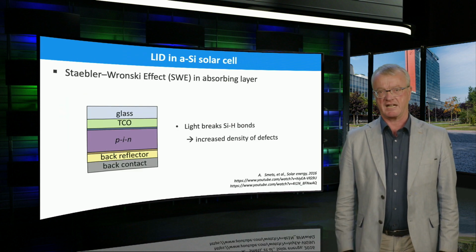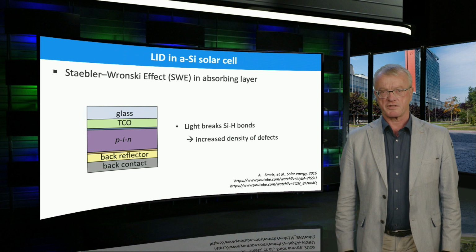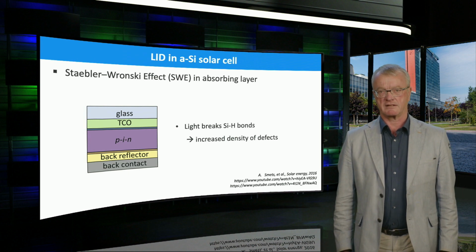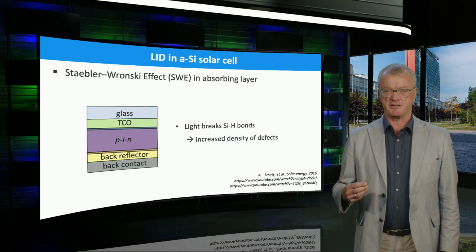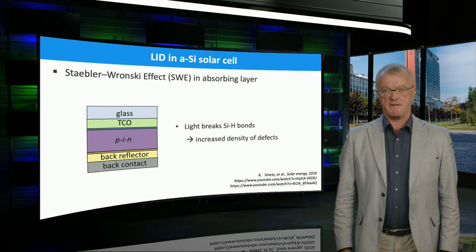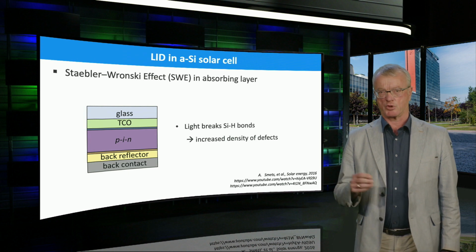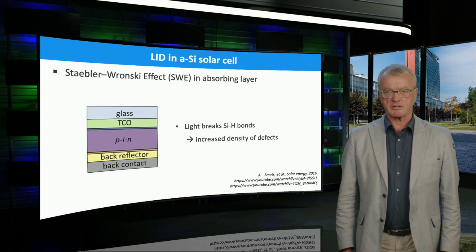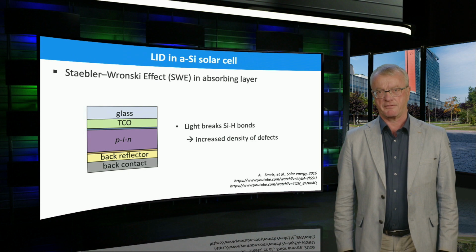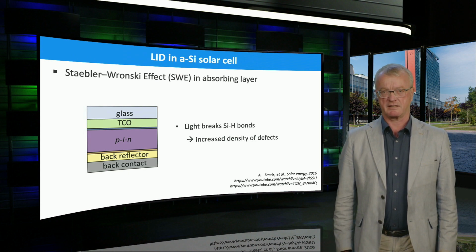Different from the CIGS case, for the amorphous silicon solar cell, the major degradation lies in light-induced degradation. The cause is the famous Staebler-Wronski effect, in short SWE, in the absorbing layer. Numerous studies and publications have focused on this subject.